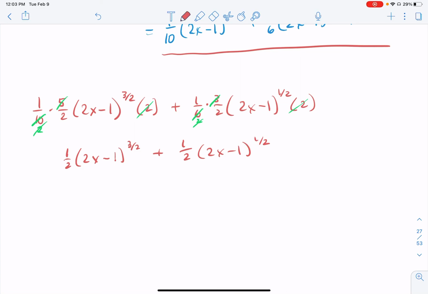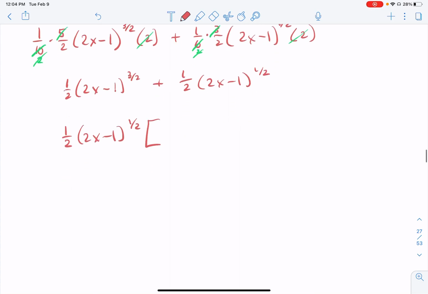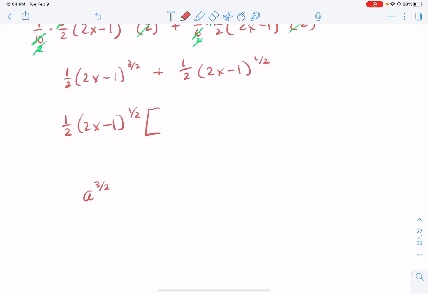Okay, so let's pull out this 1/2 times 2x minus 1 to the 1/2 power. Open the brackets here and just basically divide this. So think of this as something to the 3/2 power divided by that same something to the 1/2 power. Like bases, you just subtract the exponents. That is going to be that something to the 2/2, which is 1.